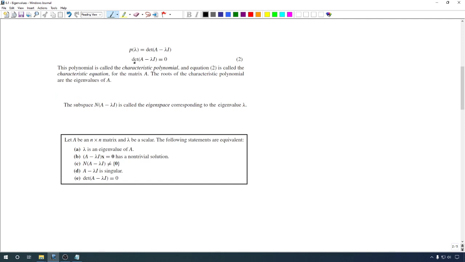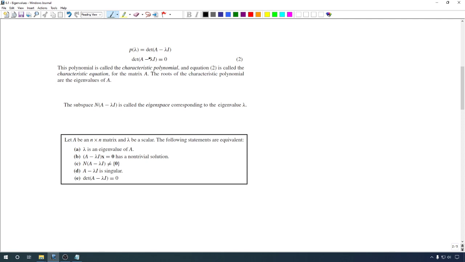The equation determinant of A minus lambda I equals 0 is going to be called the characteristic equation. We don't call it the eigenequation; we just use characteristic at this point. We call it the characteristic equation for the matrix A. And because when we actually expand that determinant out, it always turns into a polynomial.